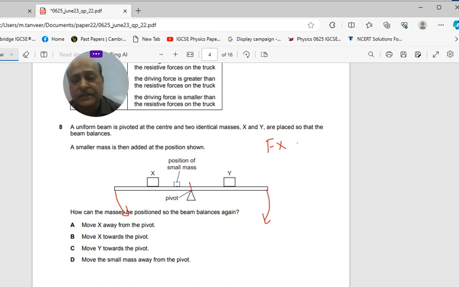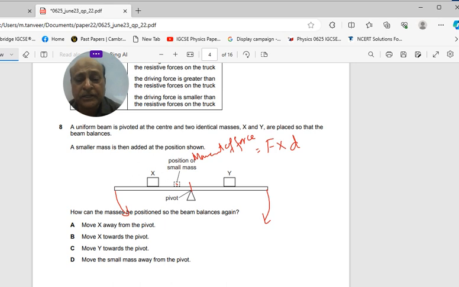Moment of force equals F into D. Here the force is the weight, which acts in the downward direction. First it was balanced. Now you have placed a small mass at this position, so the beam will move in this direction.